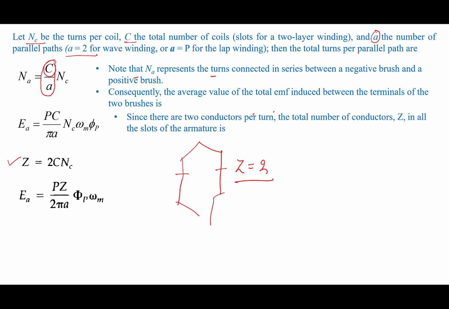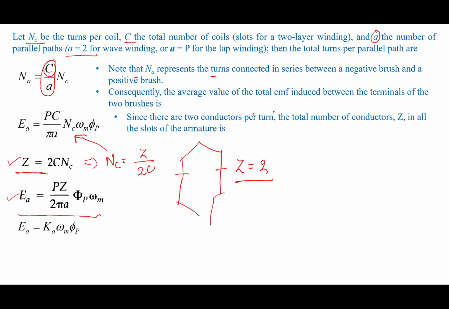If I express this in terms of the number of conductors, I substitute Nc equal to Z by 2C into the above equation, and then I find Ea equal to P Z divided by 2 pi A, times phi P omega m.